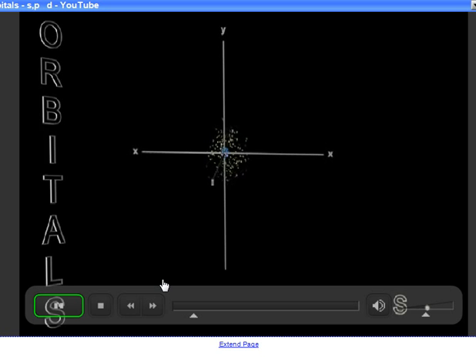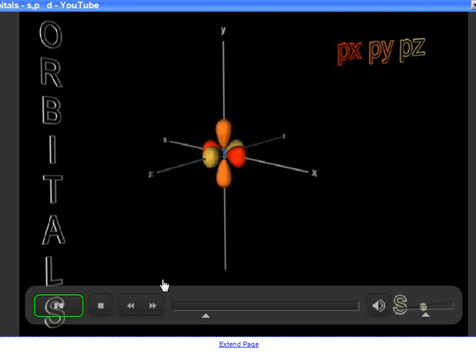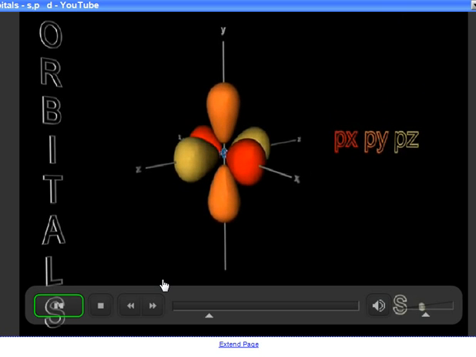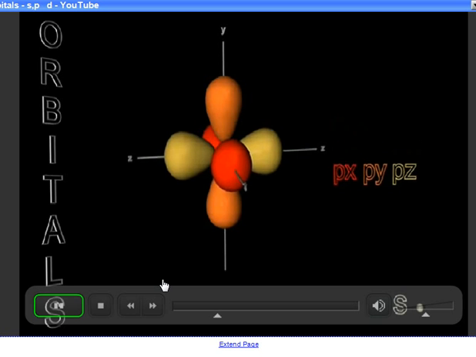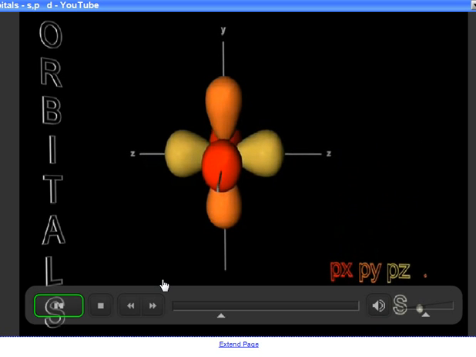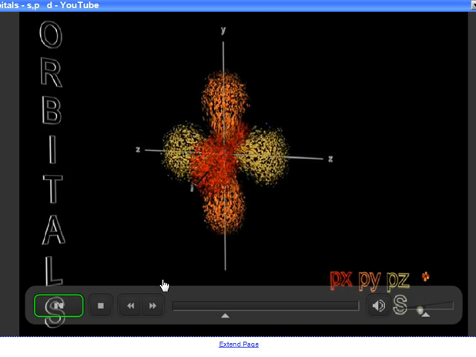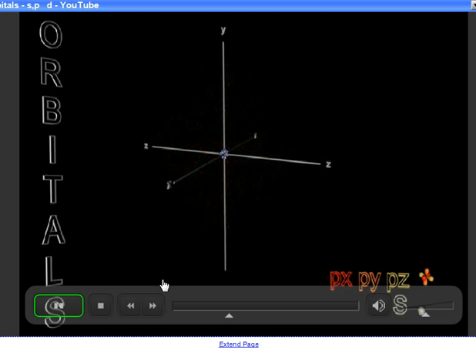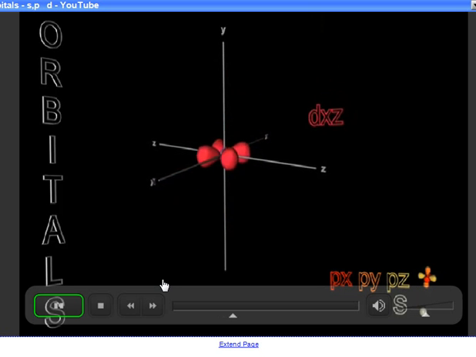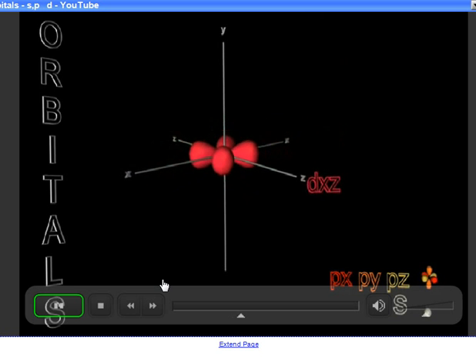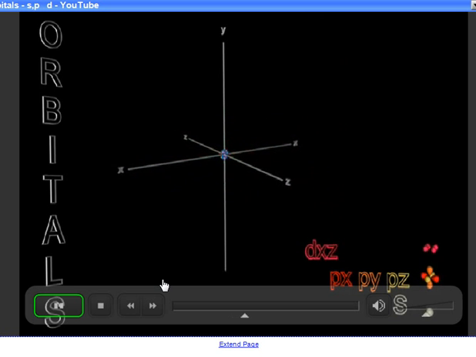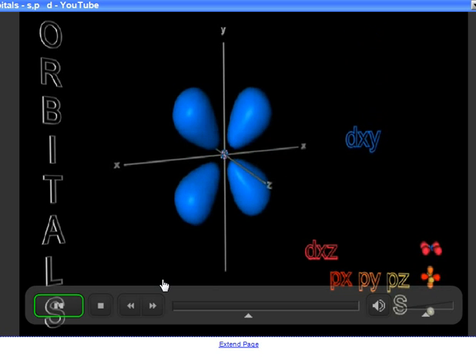So that was the S orbital, the spherical shaped. They're taking it away now so you can see the P-shaped orbitals. Notice that there's actually 3 versions of these p orbitals, one on the x-axis, one on the y-axis, and one on the z-axis. That was represented by 3 boxes on your orbital diagram. The d orbitals, there's actually 5 different orientations, and so they're going to show them to you one at a time.